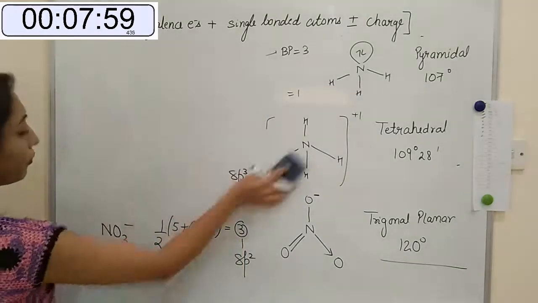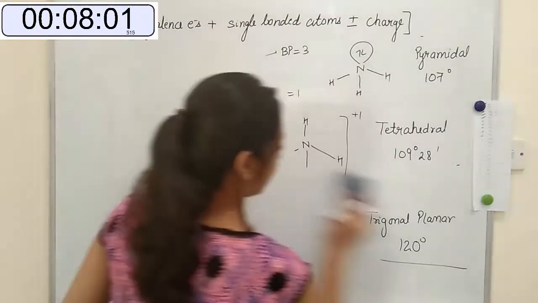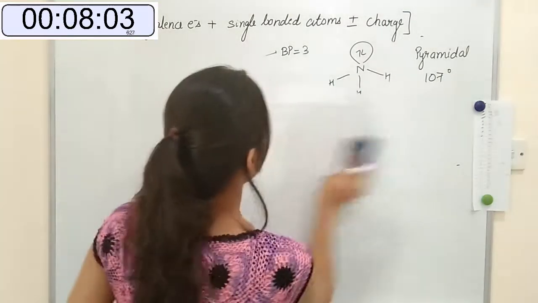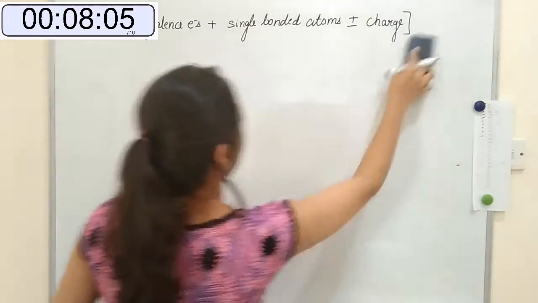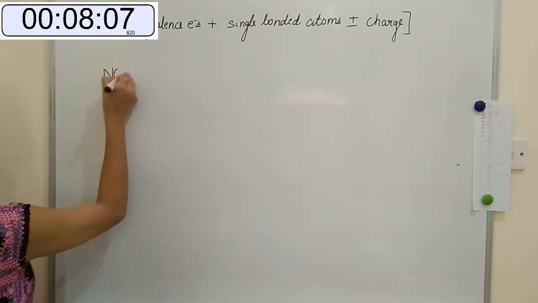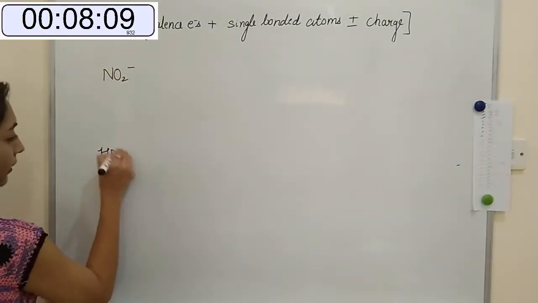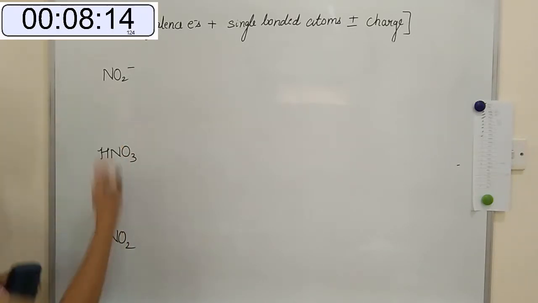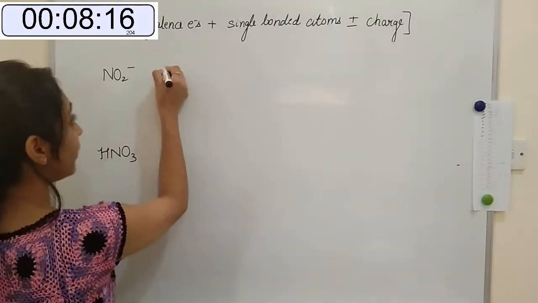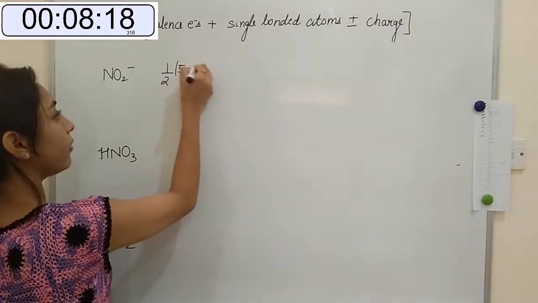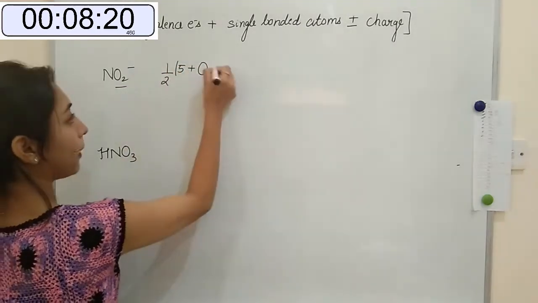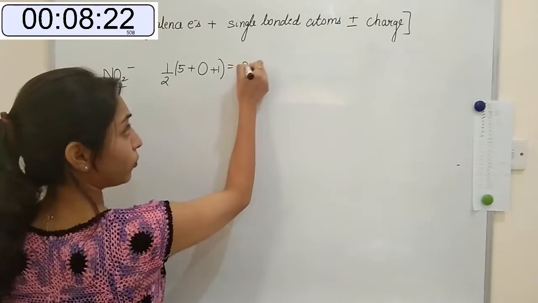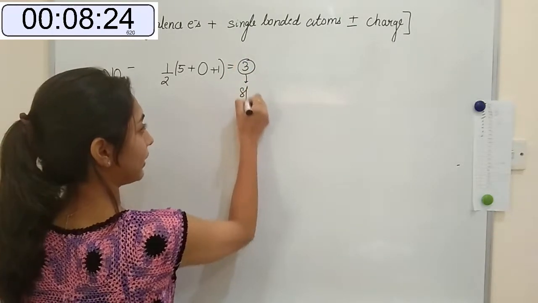Let us continue further. We have NO2 minus, HNO3 and HNO2. Again, all are nitrogen, so valence electrons is 5. So half. 5 plus 0 plus 1, which is 6 by 2, which is 3. 3 means sp2.